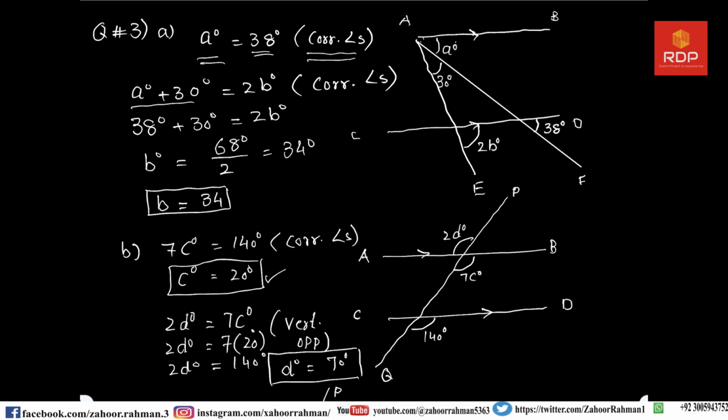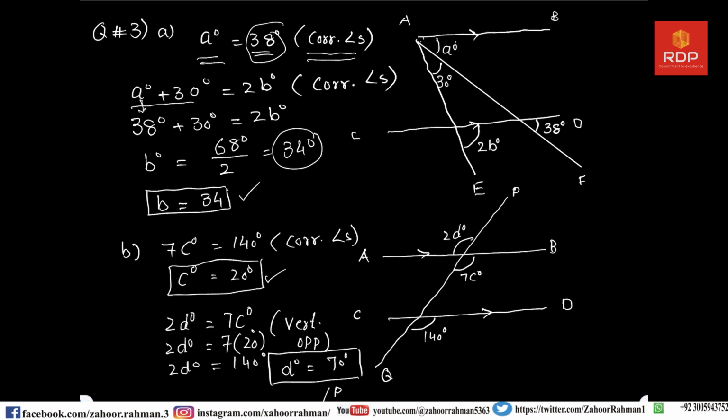We already found A to be 38, so we insert 38 in the place of A degree. 38 degrees plus 30 degrees is equal to 2B degrees. Rearranging and dividing both sides by 2 gives us 34, which means the B value is 34 degrees.